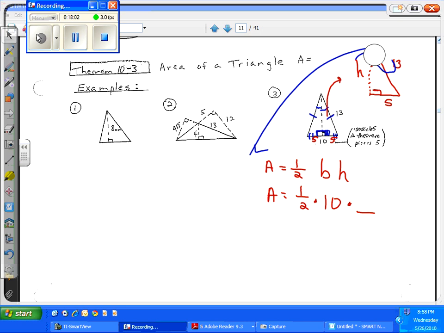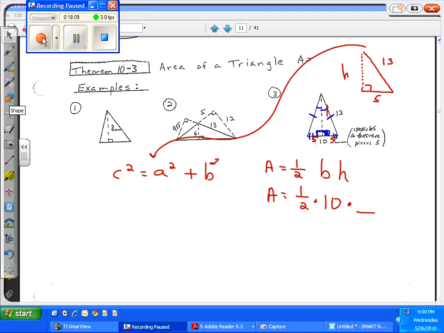I'm going to redraw that. Give me a second. I'm just going to start over. So we're going to use this little right triangle here, extracted where you can see it better. Use the Pythagorean theorem to find the missing height so we can find the area.